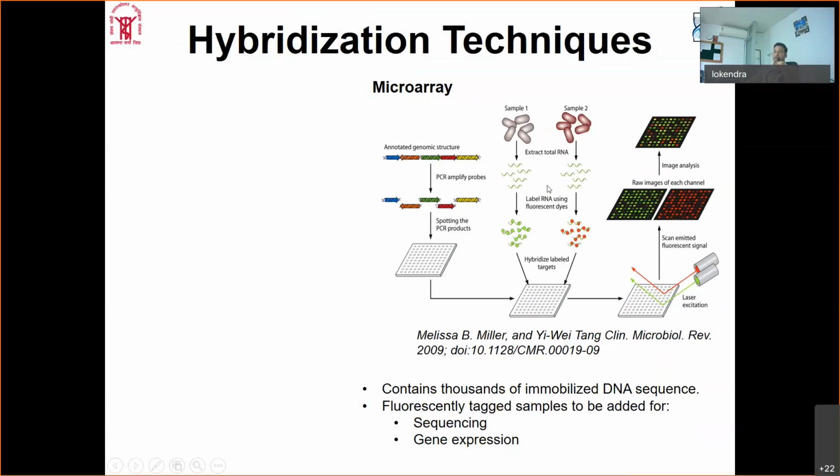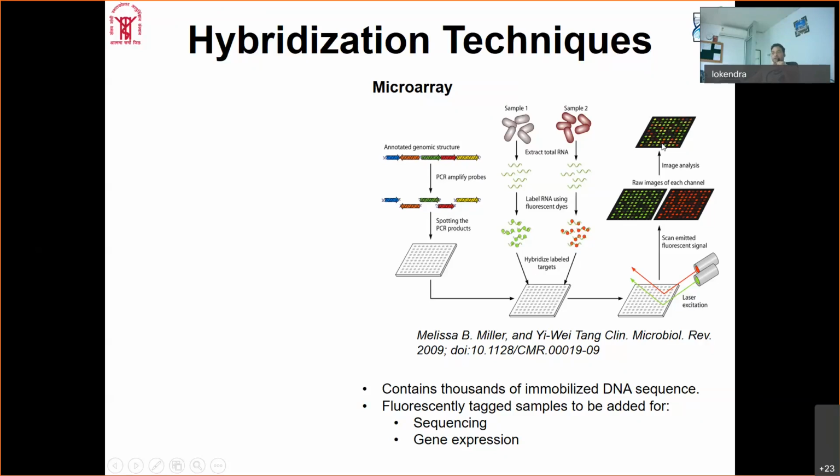The probes are known sequences representing particular RNAs, and how many copies are there is also already known in this case. So you add sample one and sample two, maybe together or in different ways, and then you can see the signal attached with the detector or image analysis.